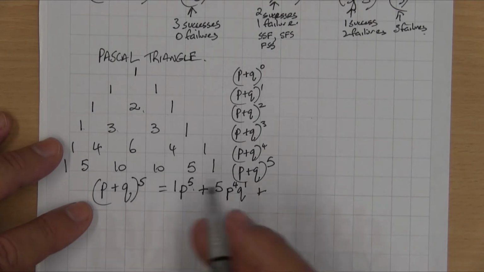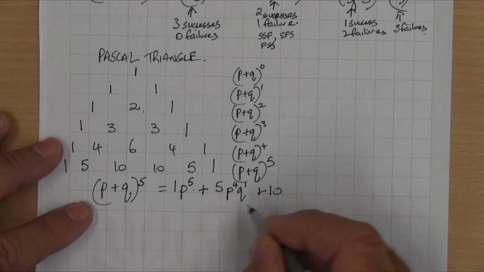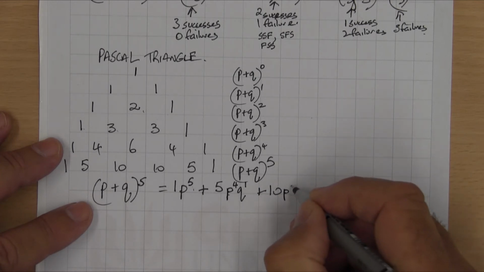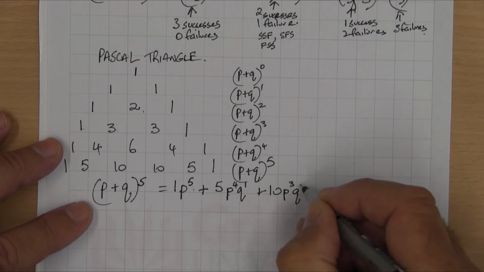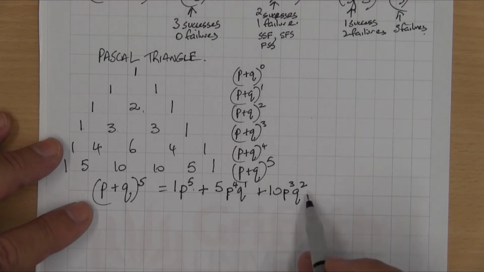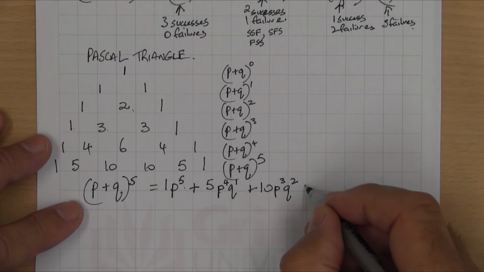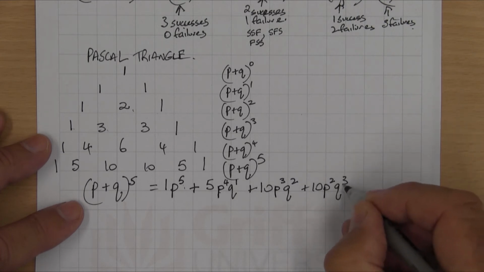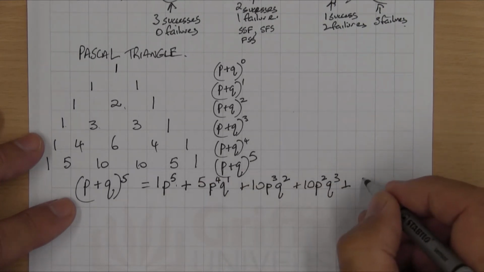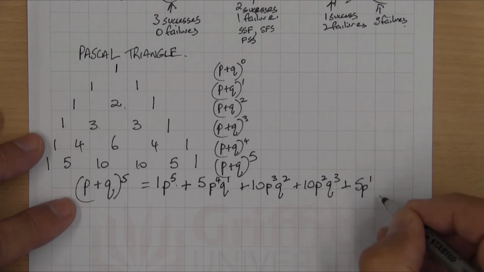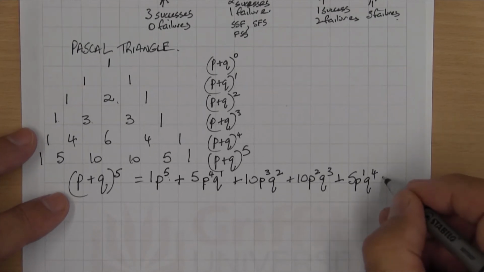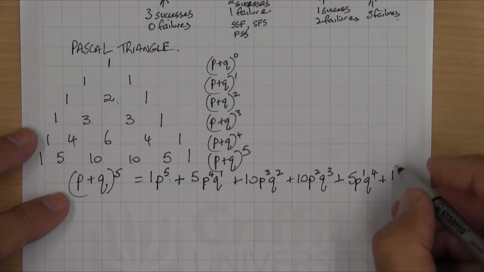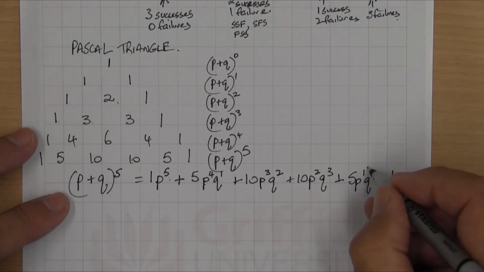Plus, the next coefficient is 10, so we've done the 1, 5 here. So the next one's a 10. Powers of P go down, P to the 3, Q to the power of 2. So the Q's are going up, the P's are going down. Plus 10, P's going down by 1, so that'll do 2, Q's go up 3. Plus 5, P to the power of 1, Q to the power of 4, plus 1, that will be P to the power of 0.